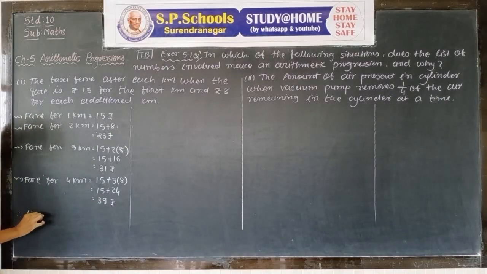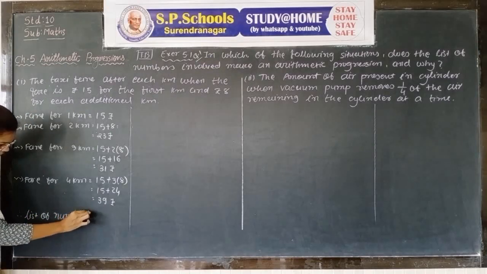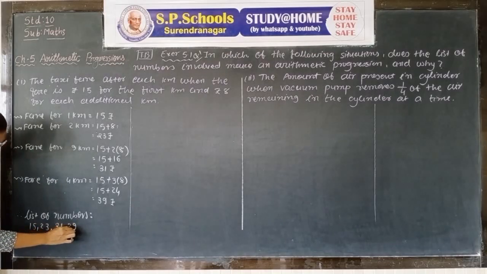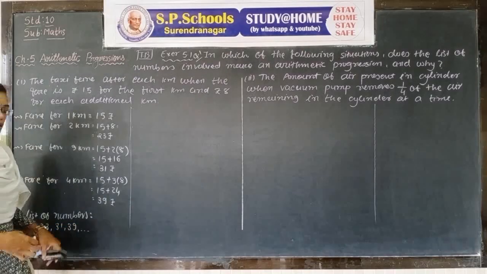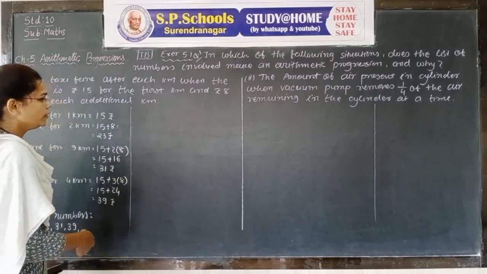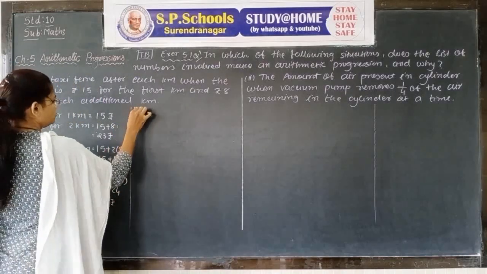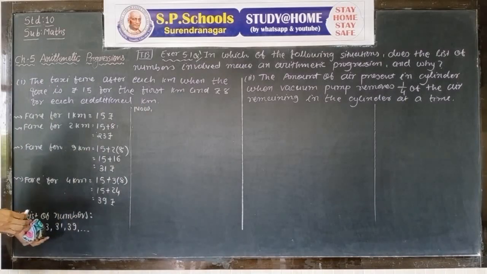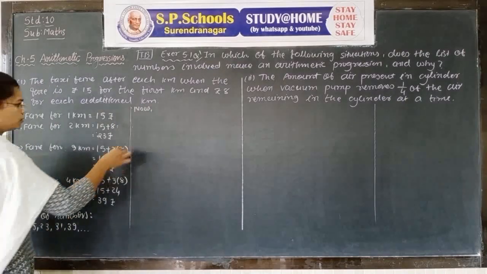Therefore the list of numbers: first is 15, then 23, 31, 39 up to infinite. Now we check if it is an AP or not. To check, we have to take the difference of consecutive terms.